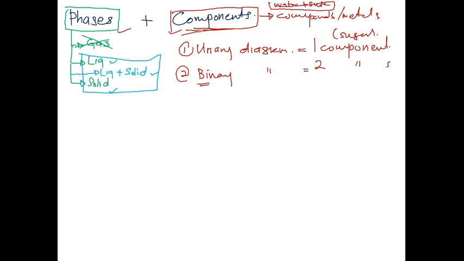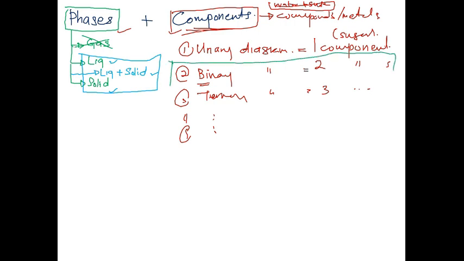Then you can have the ternary diagram, where you have three components, and there are more, with 4, 5, and so on. For your part, we will only focus on the binary diagram, the two component system, which is the most basic.